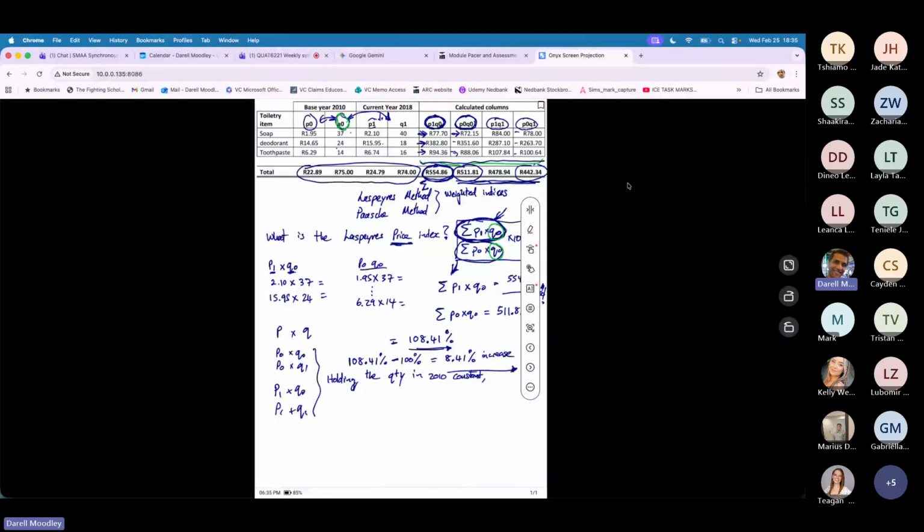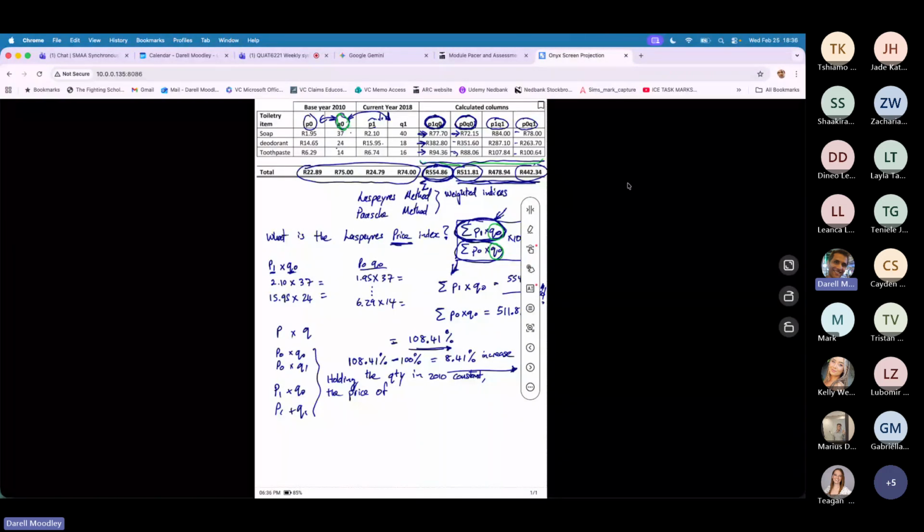Now I will talk about the change. The price of a basket of toiletry items, because remember, we are dealing with a composite index. That means it's the entire basket. We're not looking at one item.